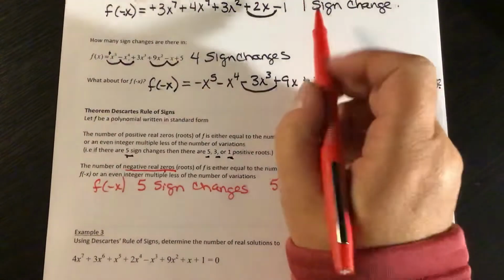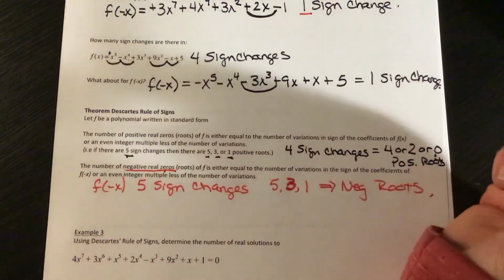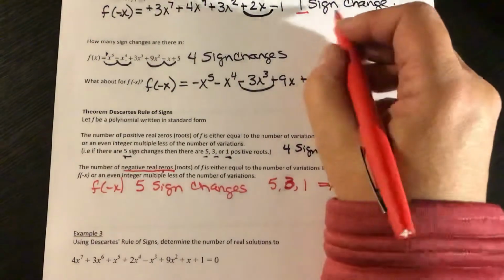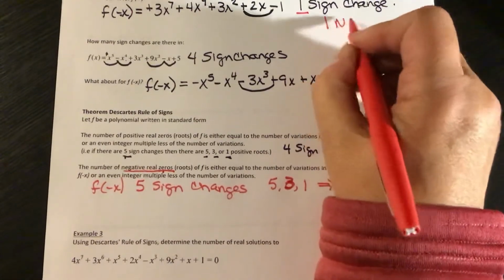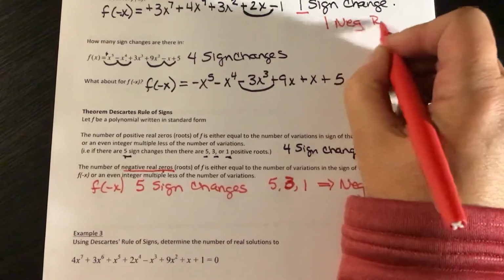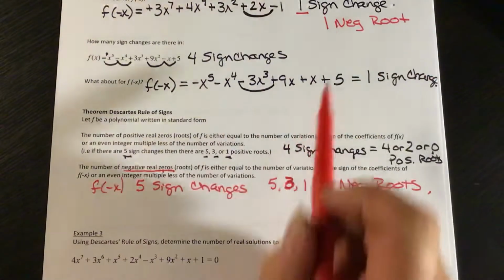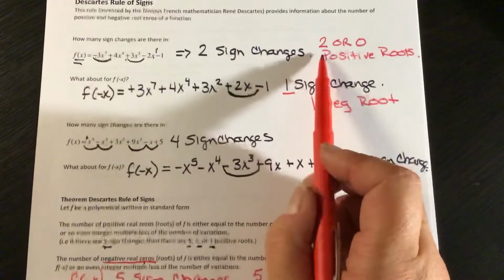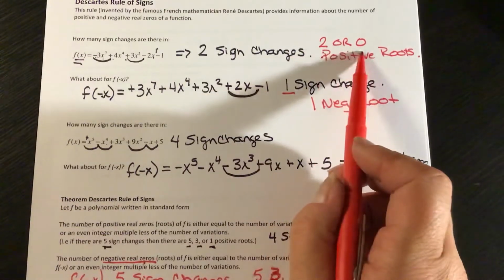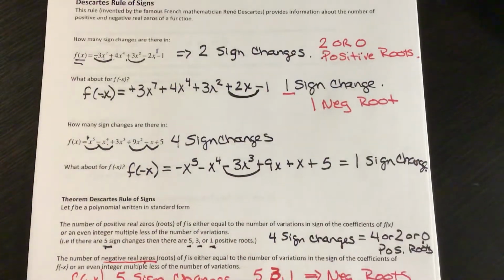Here I just have 1 sign change, so I will have 1 negative root. So one of my zeros is going to be negative, and either 2 or 0 of my zeros will be positive.